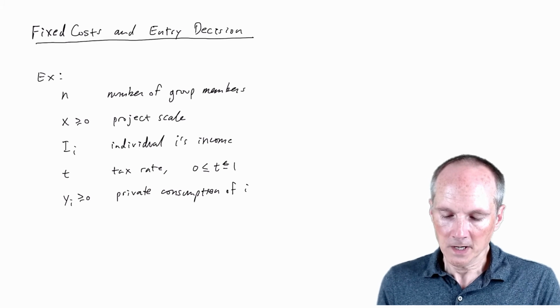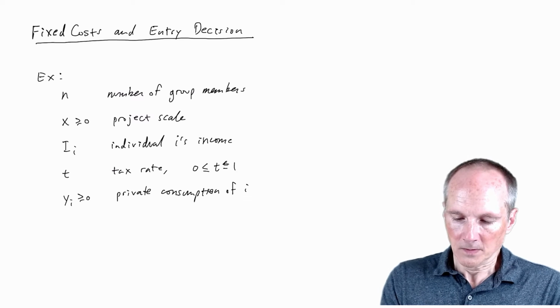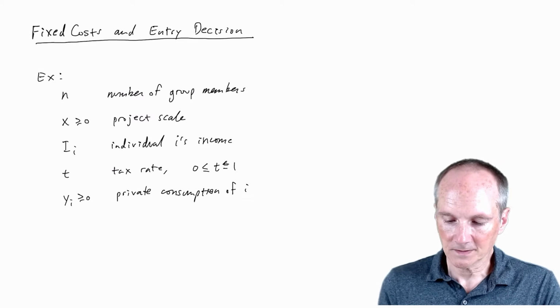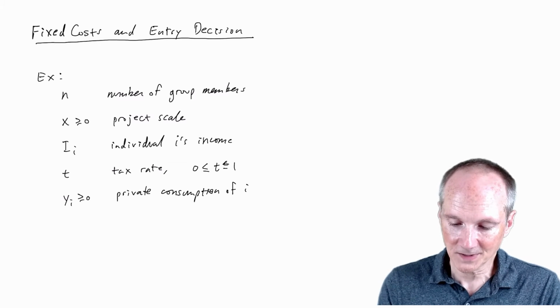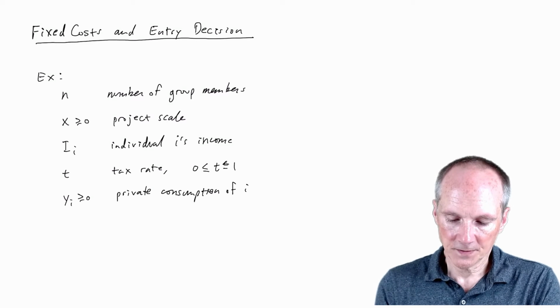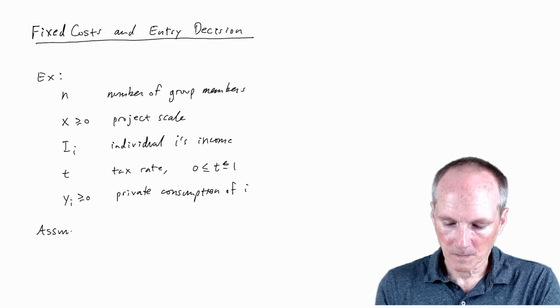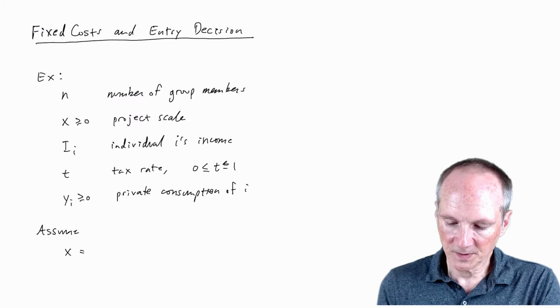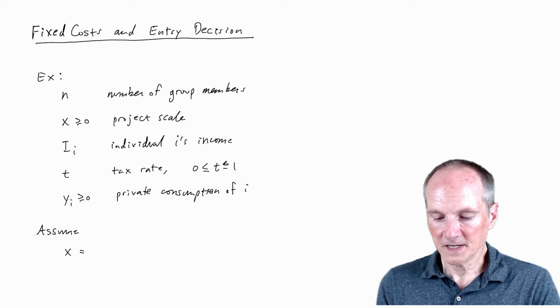All right, so just given the structure that we put on this, certain connections arise naturally here. Let's assume that X, this project scale, will just be generated from taxation on all these individuals.